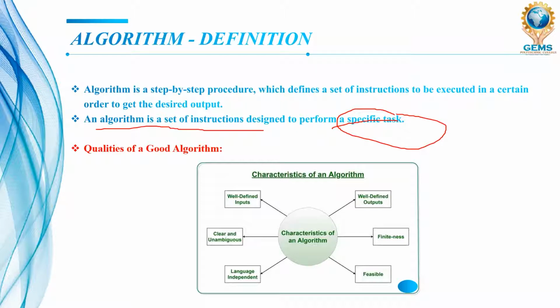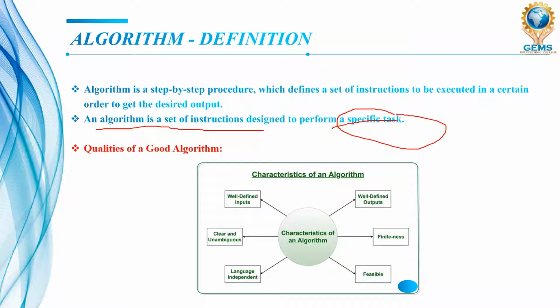That means each step must be clear without any confusion. Our algorithm must have input and output. Both should be well defined. Our algorithm should be language independent. That means it should not depend on any particular language.